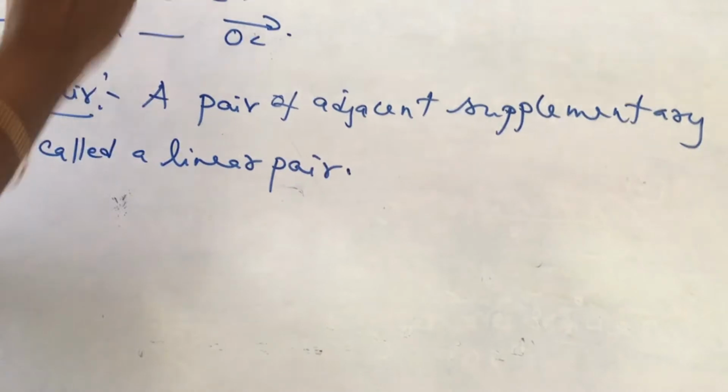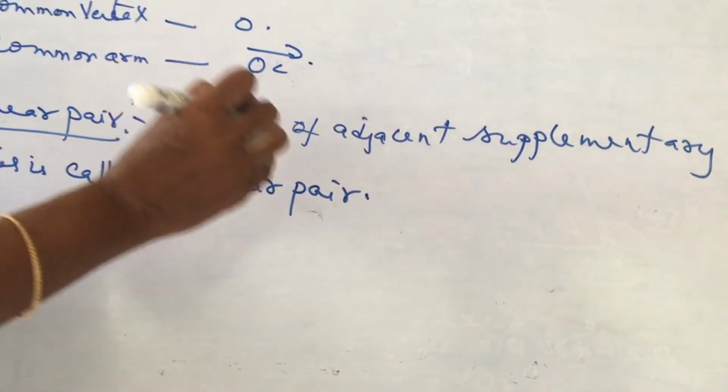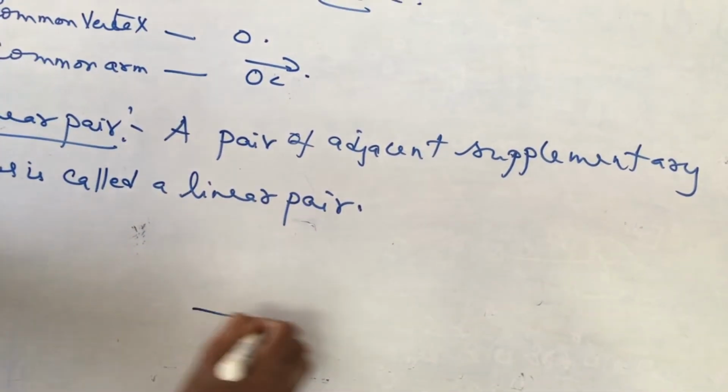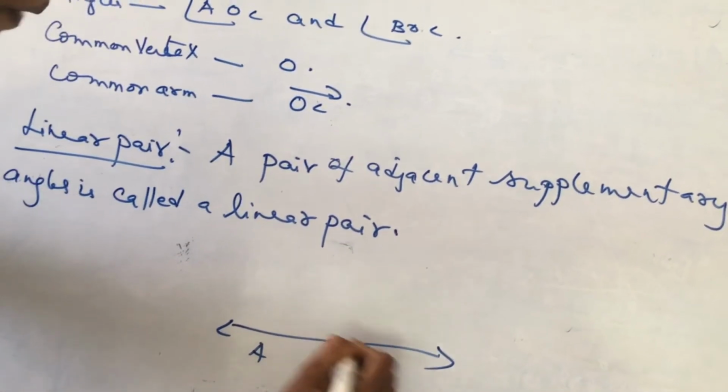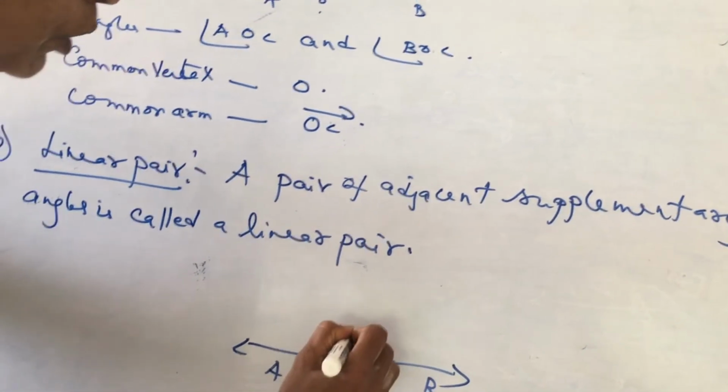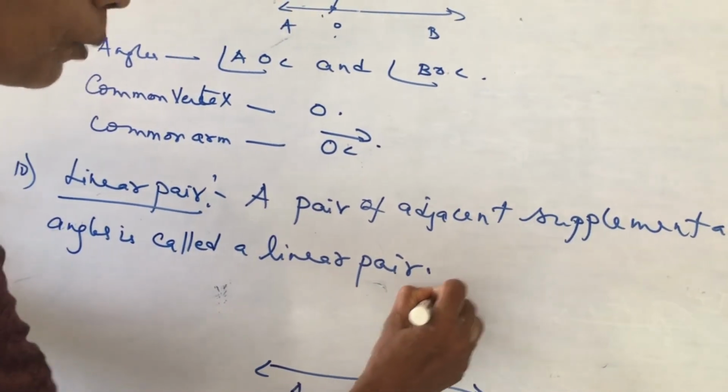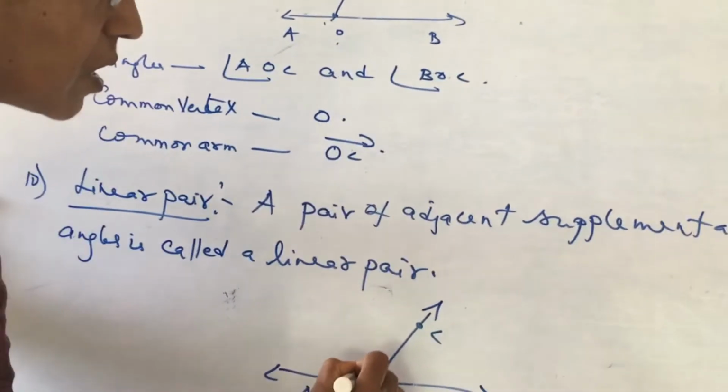They should be adjacent and their sum should be equal to 180 degrees, children. Not only adjacent, but the sum of the two angles should be 180 degrees.